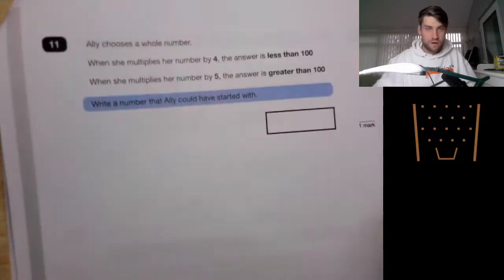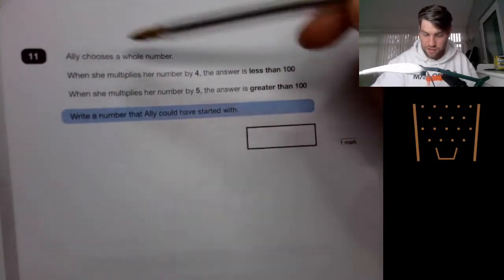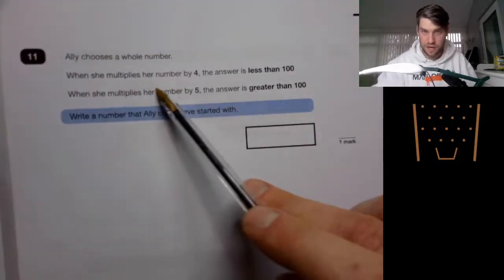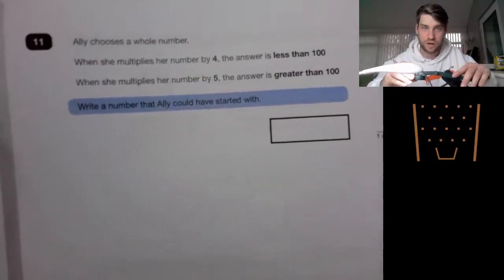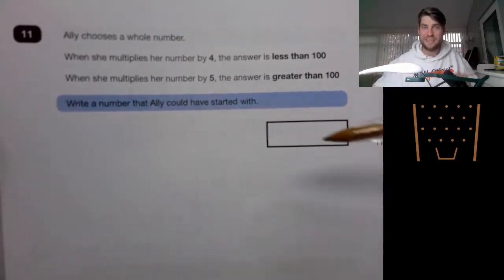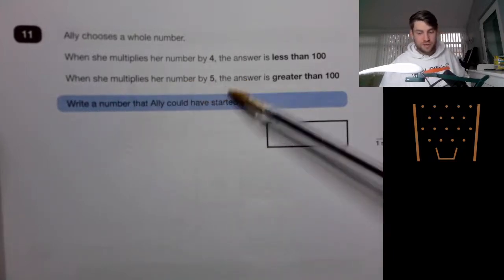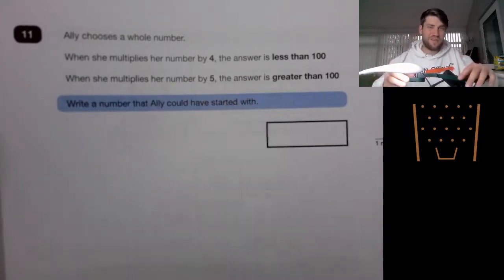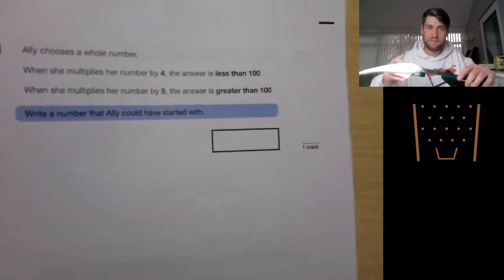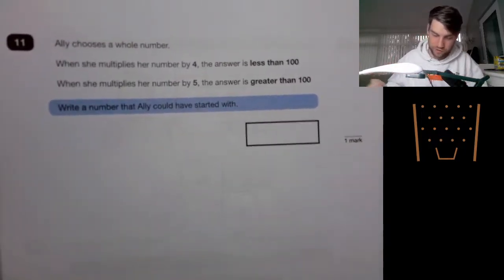Okay, so question number 11. Ali chooses a whole number. When she multiplies her number by 4, the answer is less than 100. When she multiplies her number by 5, the answer is greater than 100. Well, the way to do this, I was thinking about this earlier today, as you do, think about maths during my day.